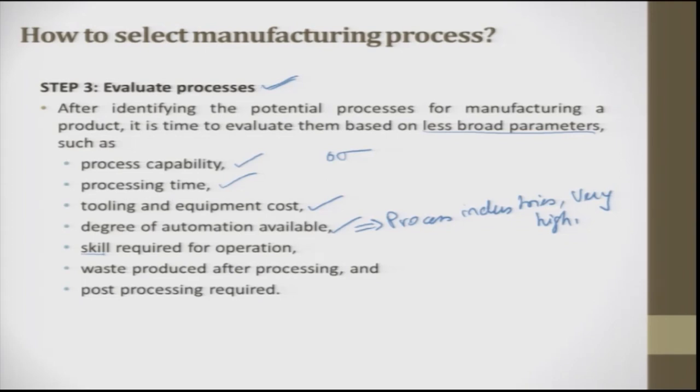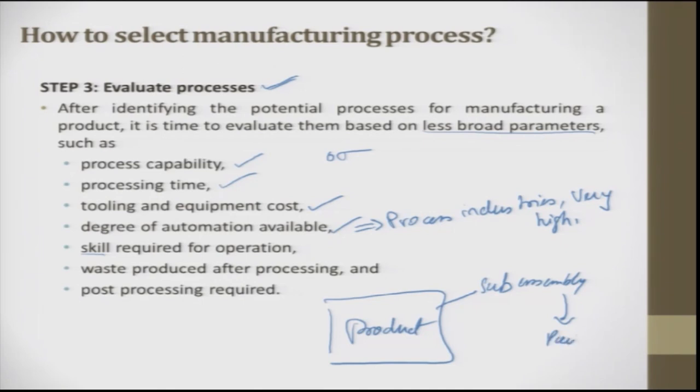Today industries have gone to a level where, for example, you have a product, it has subassemblies, and from these subassemblies it has parts. Almost all the parts are nowadays given for subcontract.